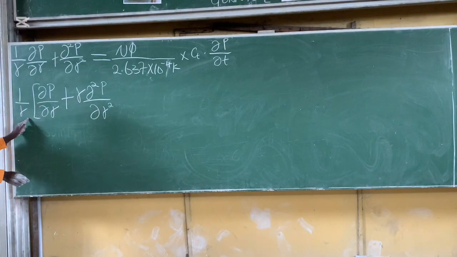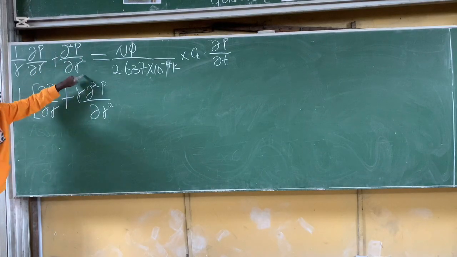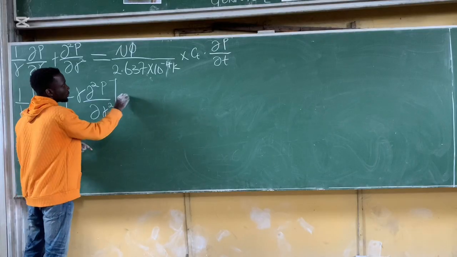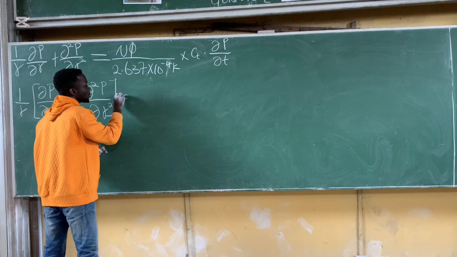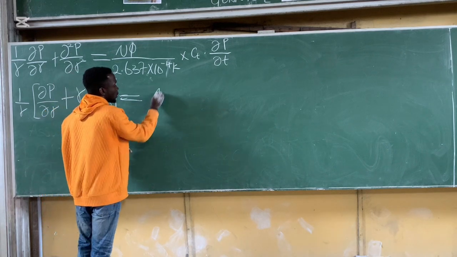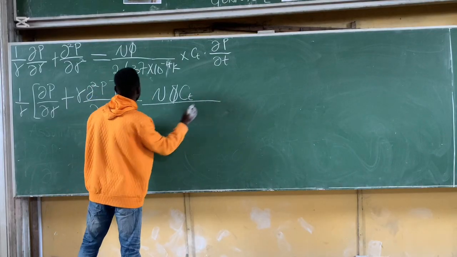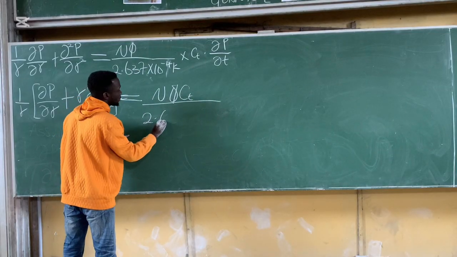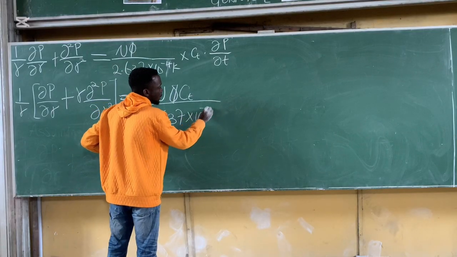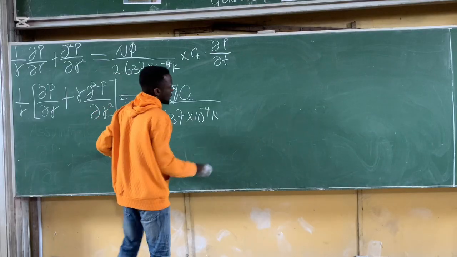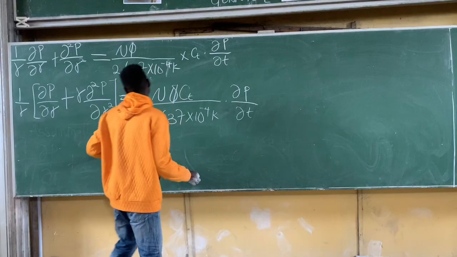So that 1 over r multiplied by r will still give us d²p over what? dr². Equal to, remember everything here is multiplying what? C_t. So you can simply say that this is equal to mu phi c_t divided by 2.637 times 10 to the power of minus 4 k dp divided by dt.